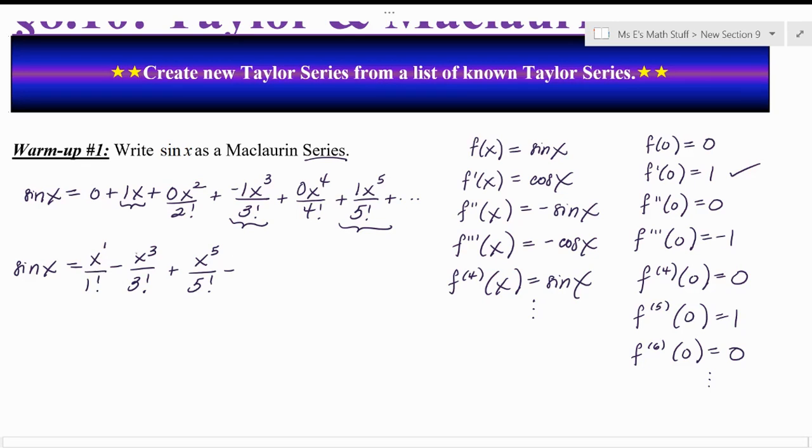Sine has all odd powers and all odd factorials, and the exponents and factorials match. So the next term would have been x to the 7th over 7 factorial. If somebody wanted the next one, I would say it's positive x to the 9th over 9 factorial, etc. Because I hope it makes sense also that the signs will alternate.